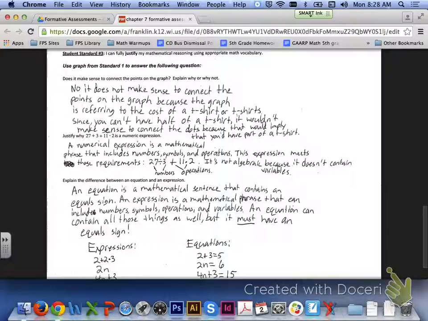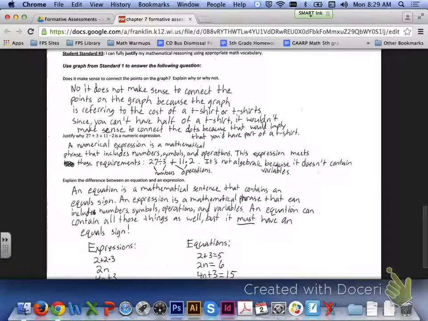So on the bottom here I have a couple of examples of expressions. 2 plus 2 multiplied by 3, 2n, remember, means 2 multiplied by n, and 4n plus 3. Those are all examples of expressions. Whereas equations would be 2 plus 3 equals 5, right? There's a phrase, but it's equal to something.